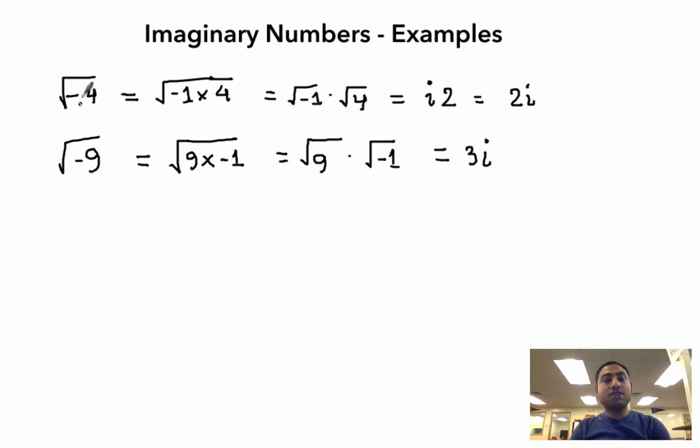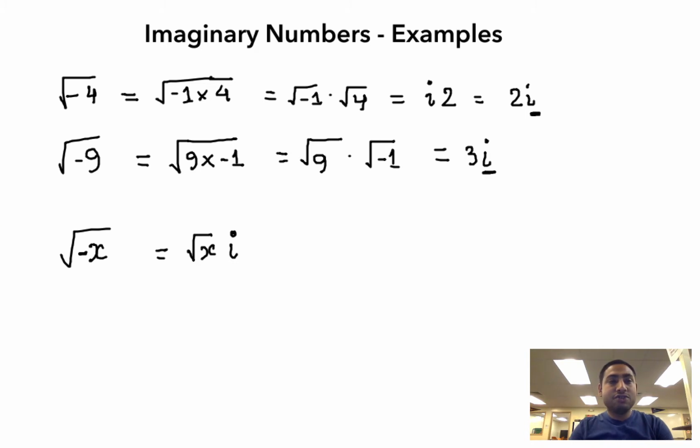So you see, taking the square root of a negative number is going to be really easy once we have this concept of i, the imaginary unit. So in general, the square root of -x is going to be whatever the square root of x is times i. So the i takes care of the negative sign.